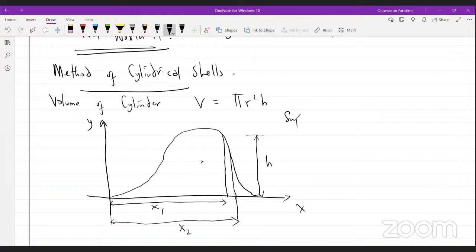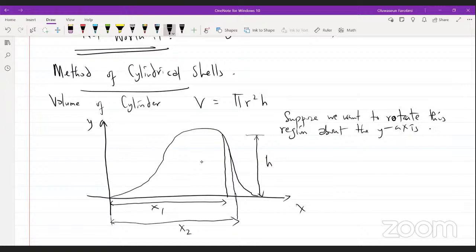Suppose we actually want to rotate this region about the y-axis. What do we do? Let me just write what I just did in words.